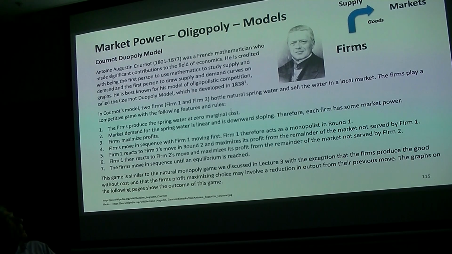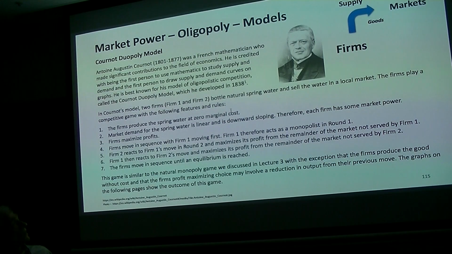Cournot was a French mathematician who made very significant contributions to the field of economics, and because he was a mathematician, he introduced mathematics into economics. So mathematical economics has been around a long time.